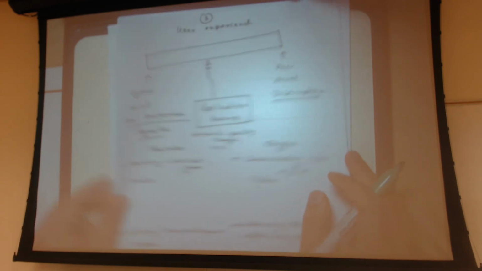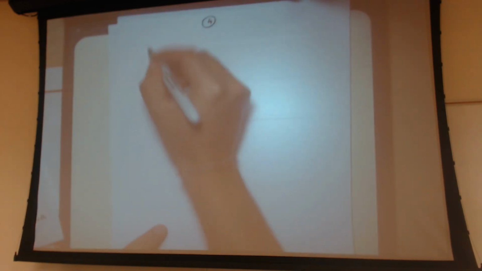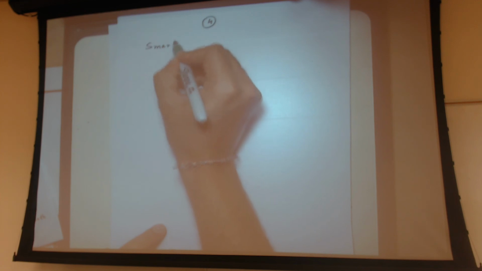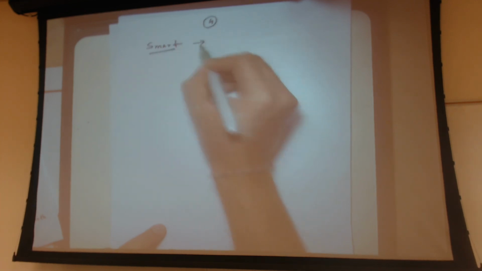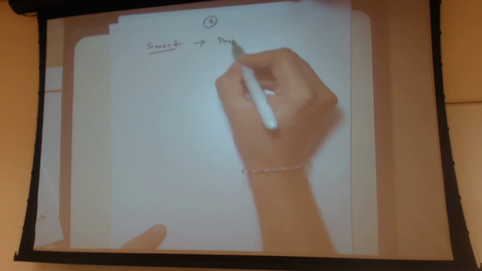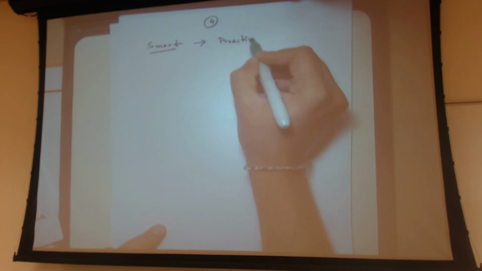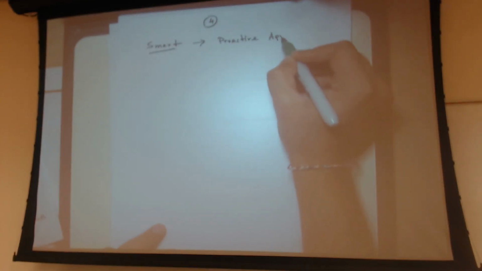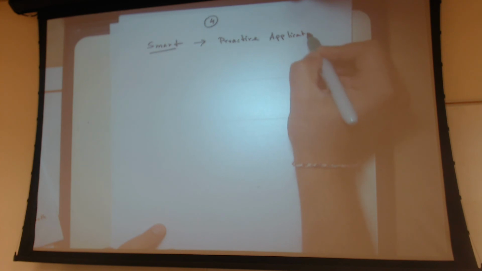So smart means it has to be proactive, it has to be application aware. So proactive and application aware mobile computing systems are smart.